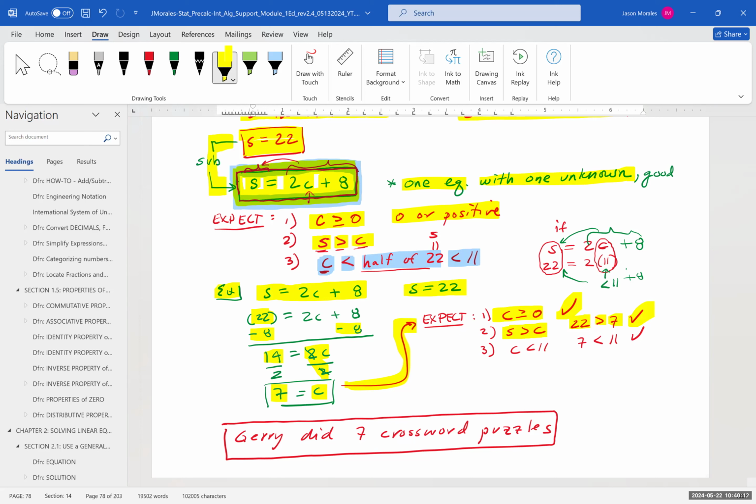And this last expectation: is c less than 11? Is 7 less than 11? It sure is. So this answer does satisfy our expectations, and we can feel pretty good that our answer is correct. Now we can write our answer as a sentence: Jerry did 7 crossword puzzles.